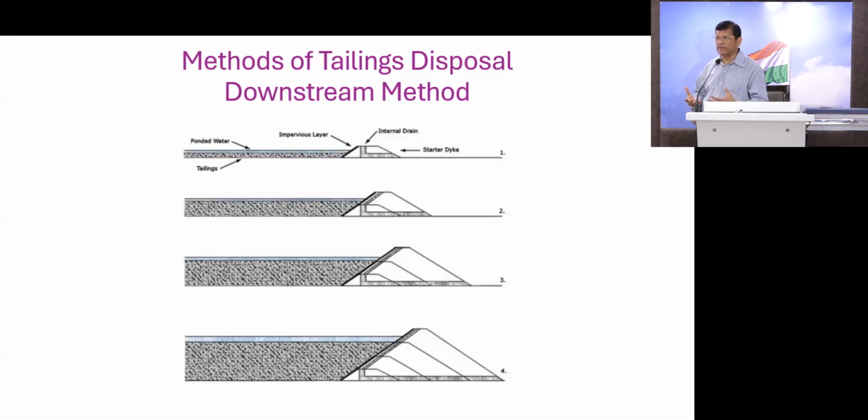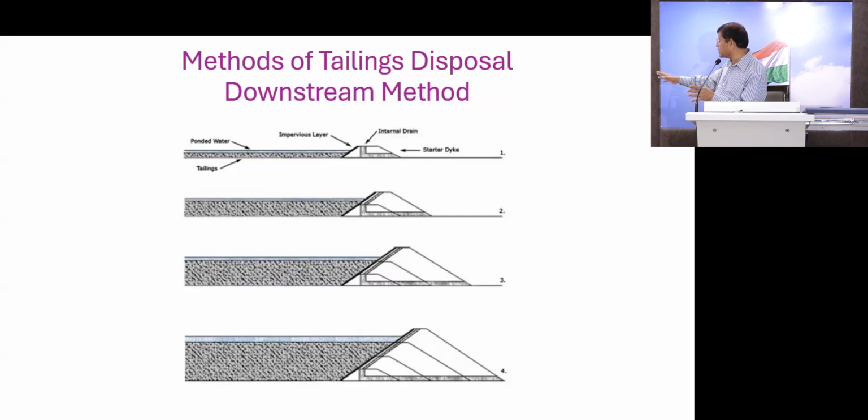To protect against failure, they came up with another method, called downstream. Here you can see the starter dam, and the starter dam has an internal drain, because water will come, since the next part is the water. But water will not stay there, because if water stays, when you go on loading, that causes pore pressure. With a filter drain, water can be easily drained out.